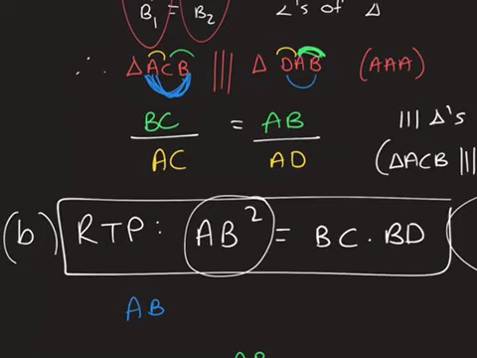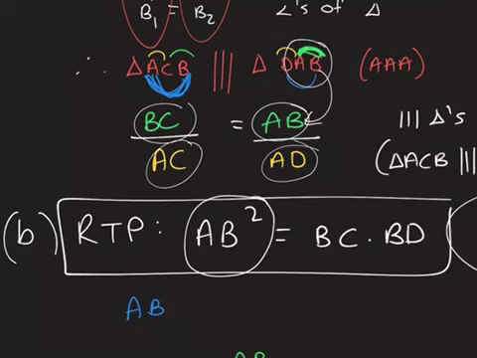You can't use three things from one triangle, and you also can't have three different colors in your ratio. So that's why I needed to use my AB from this one, so that I can match green to green, yellow to yellow, and we had two from here, and we had two from here.